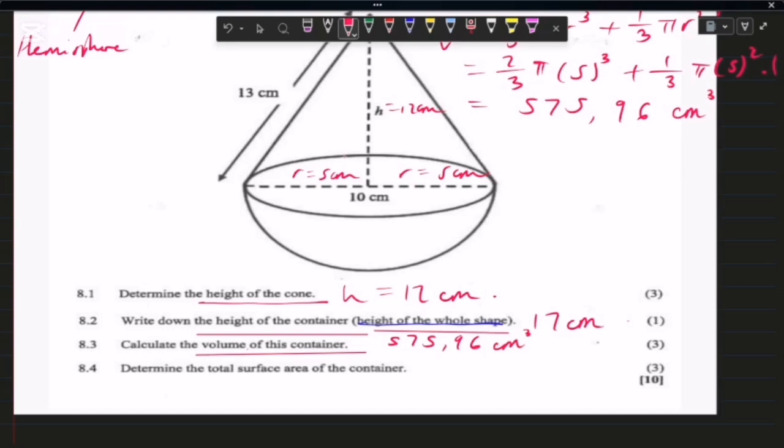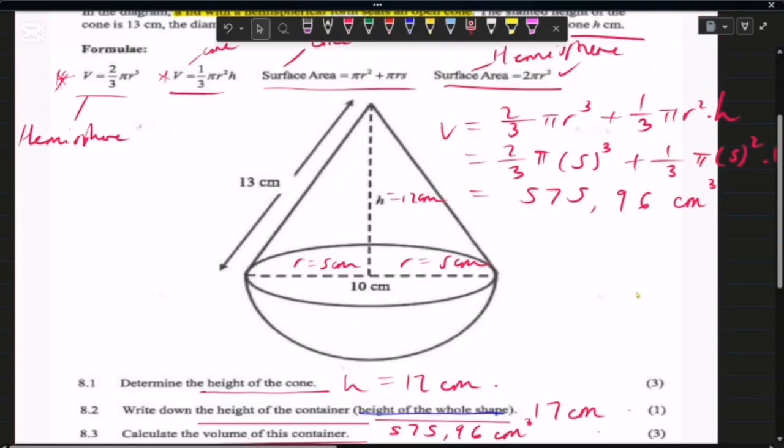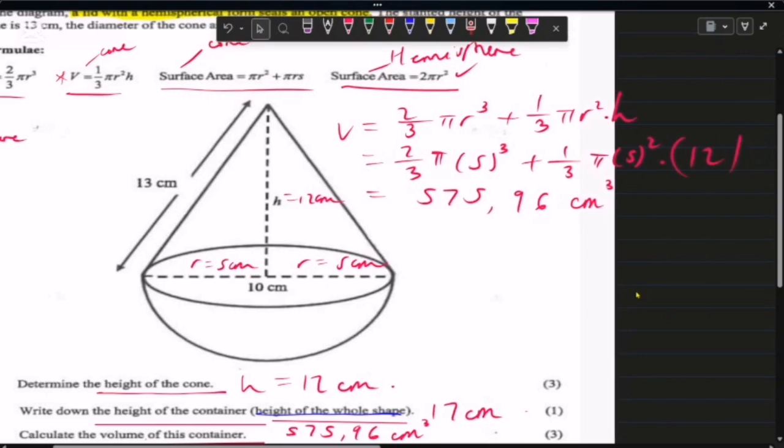container. Okay, the total surface area of this container. So the total surface area of the whole thing, the whole shape. Okay, let me just remove this.